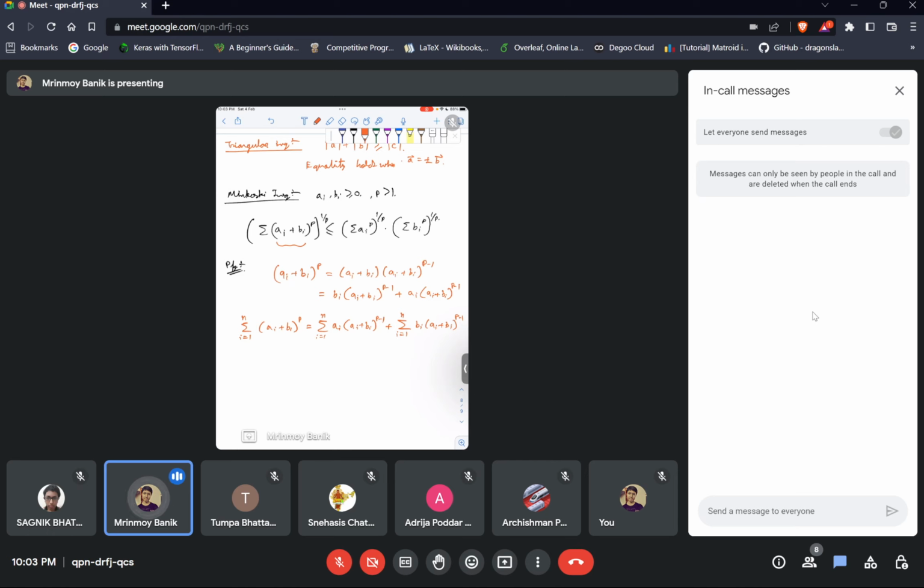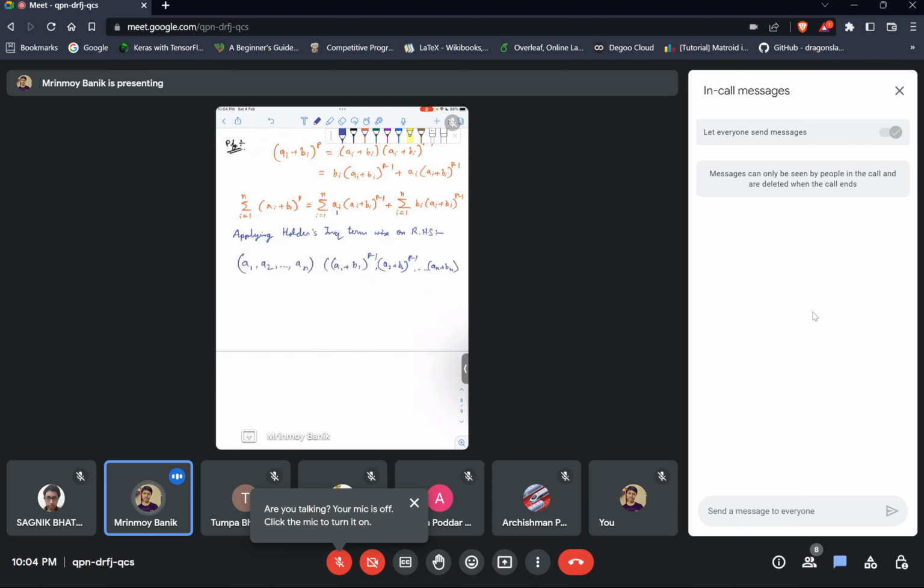Applying Holder's inequality term-wise, we get, so the observations in the first case are a1, a2 up till an, and a1 plus b1 whole power p minus 1, a2 plus b2 whole power p minus 1, up till an plus bn whole power p minus 1. So these are the two observations.